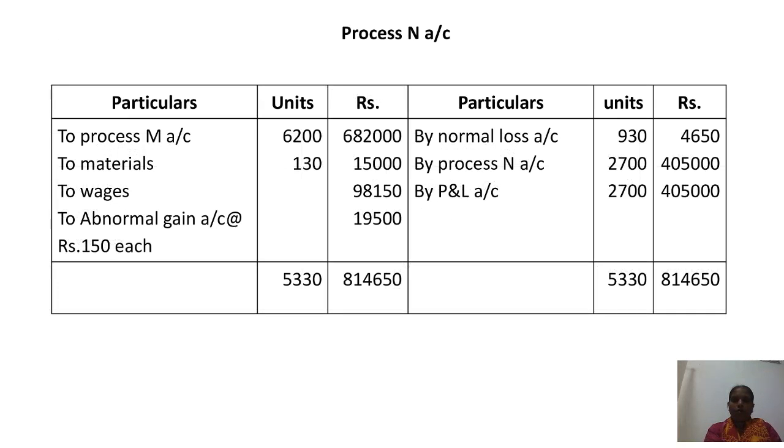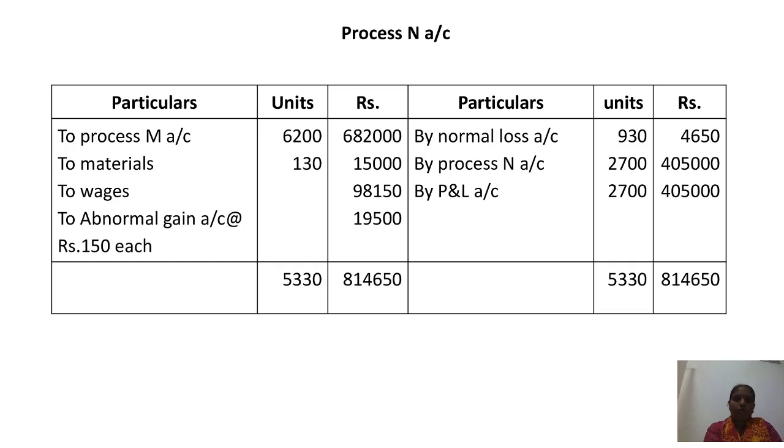Then here we get the loss, that is how many percent is given. 15% is given, so that is 930 units, and then it is sold at rupees 5, so 930 we get 4,650.